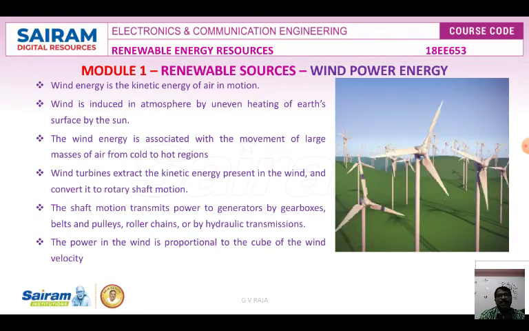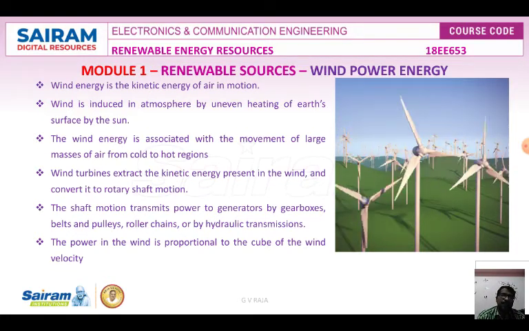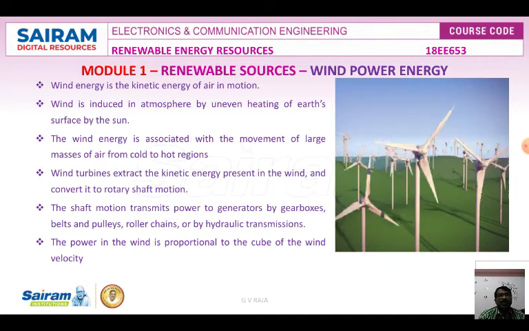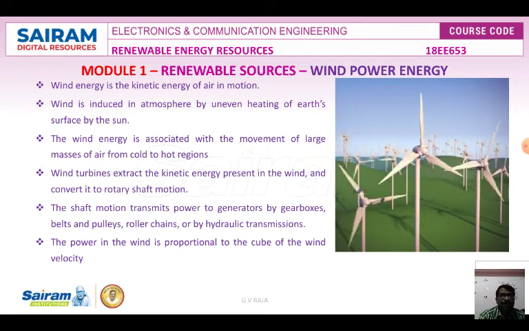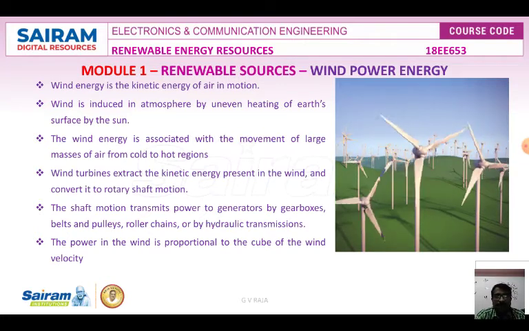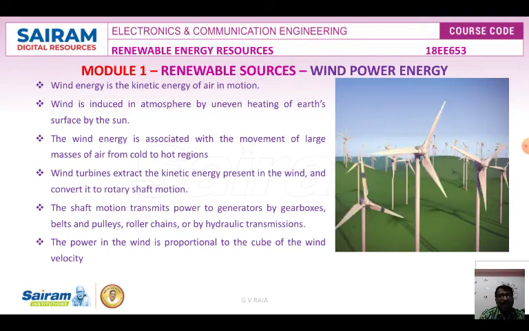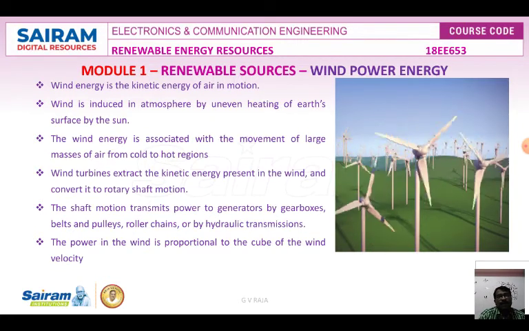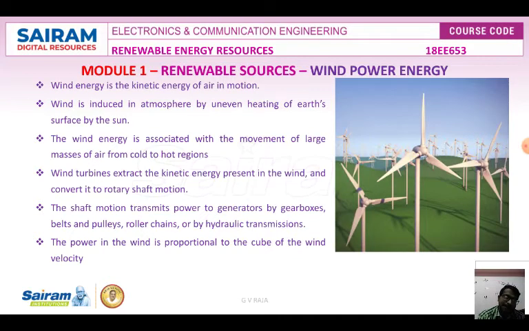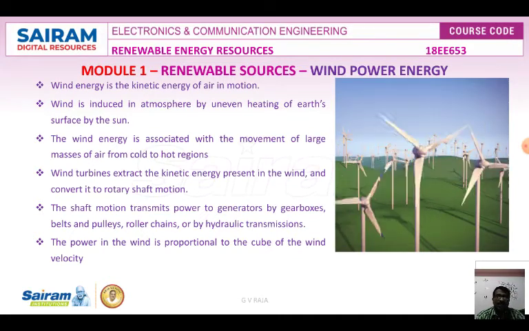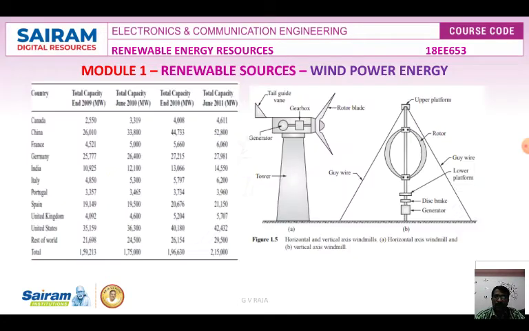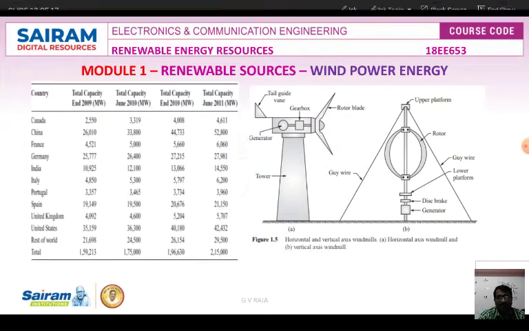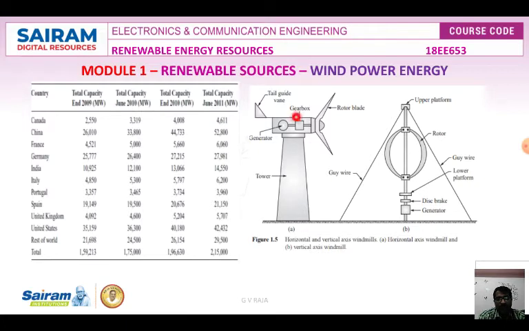According to the number of blades used, there are four types: single bladed windmill, double bladed windmill, three bladed windmill, and multi bladed windmill. Based upon the velocity of the wind, the electricity will be generated. So this is the horizontal turbine, and this is the vertical turbine.